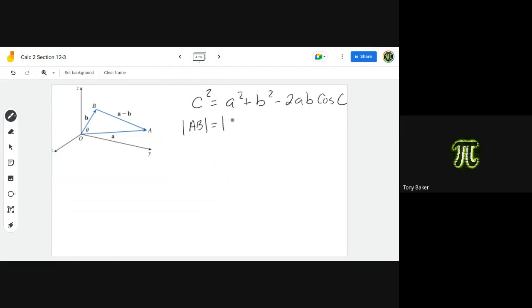This would be the magnitude of OA, and that'd be that of OB, minus 2 times OA times OB, not plus, cosine of theta.